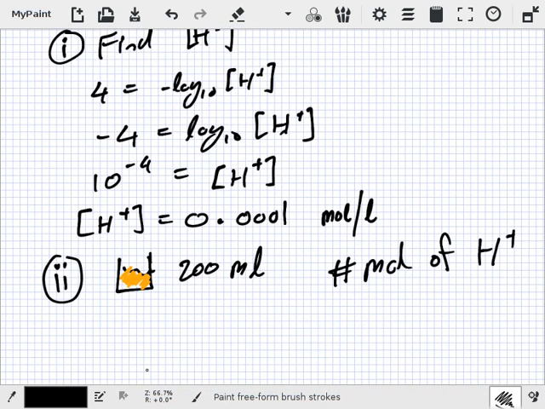That's 200 what? Milliliters. Do you use milliliters in chemistry or a different unit? Yeah, same thing. 200 centimeters cubed if you preferred. How many moles of H plus are there in this orange juice? The concentration is the same, of course.